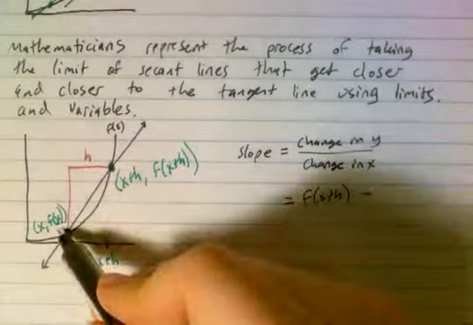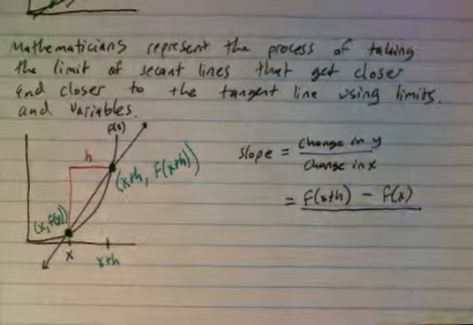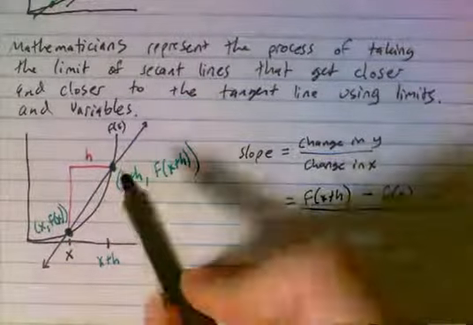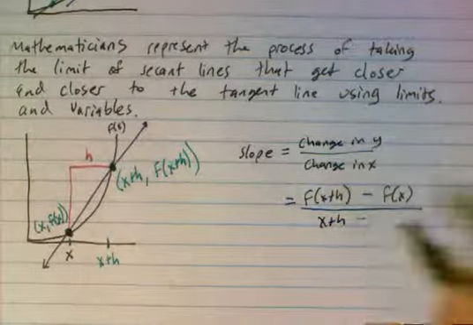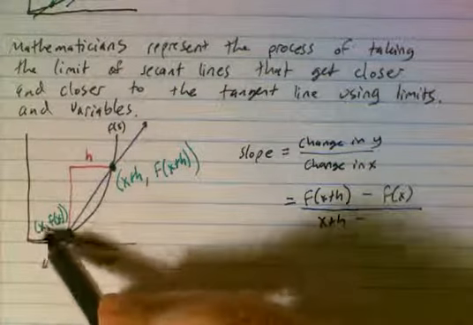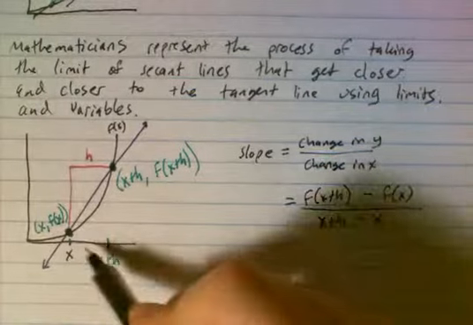We're going to subtract the smaller y value that we have, f of x. And for change in x, we're going to do the same thing. This is the larger x value, it's x plus h. And we're going to subtract the smaller x value, which is just x, to get the distance between the two.